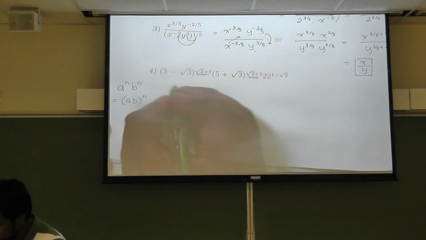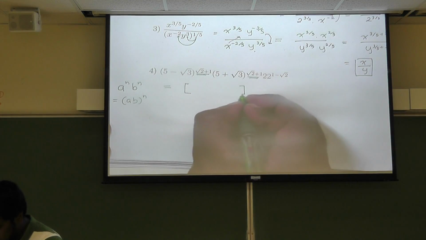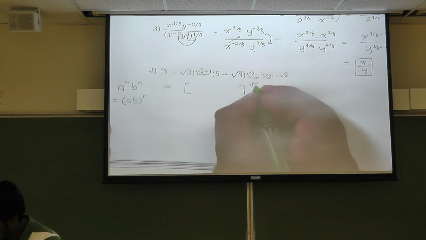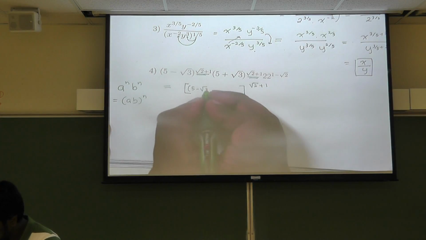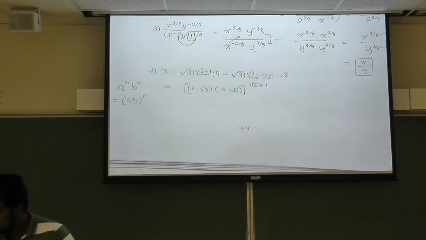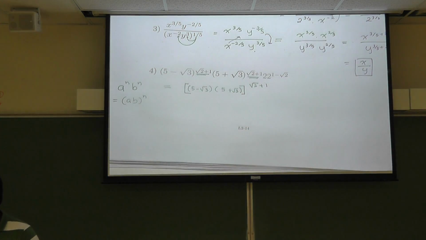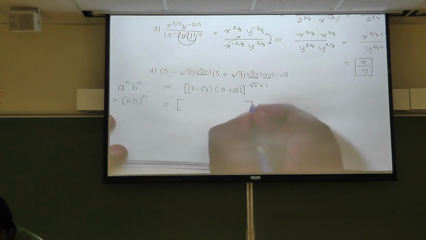So what I do is, I will multiply the base with the same exponent, root 2 plus 1. So what I get is 5 minus root 3, 5 plus root 3. And you can FOIL this. Again, because we did not come to special product, let's FOIL this.